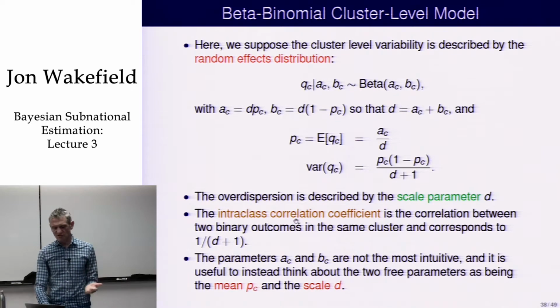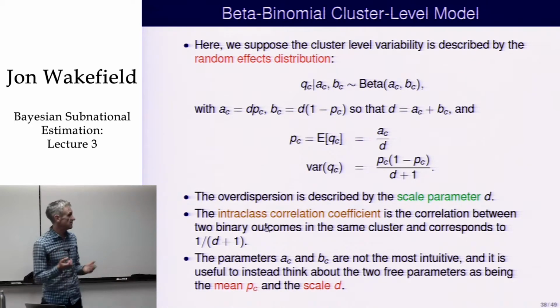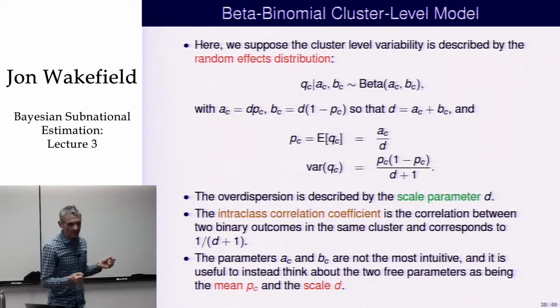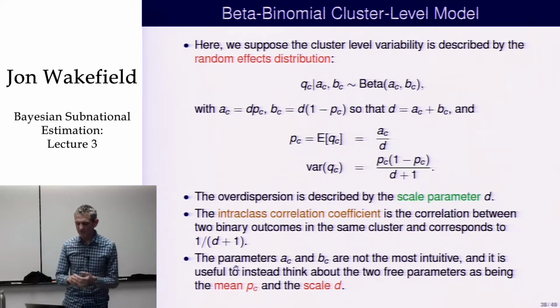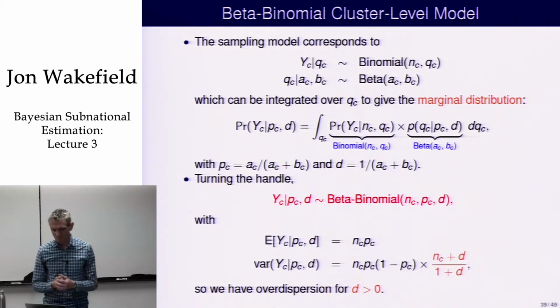It turns out the intra-class correlation coefficient is a function of d, and it's a simple function, just 1 over d plus 1. So if d is large, that's as if we've got independent samples. We don't have much correlation in this cluster. So although the model is written down in terms of a and b, we're going to think more in terms of the mean and the scale, because they're more interpretable.